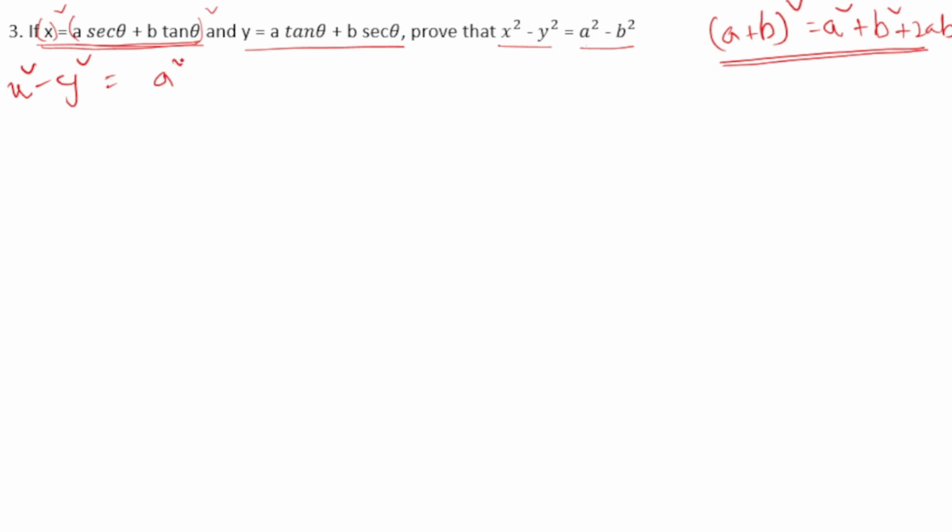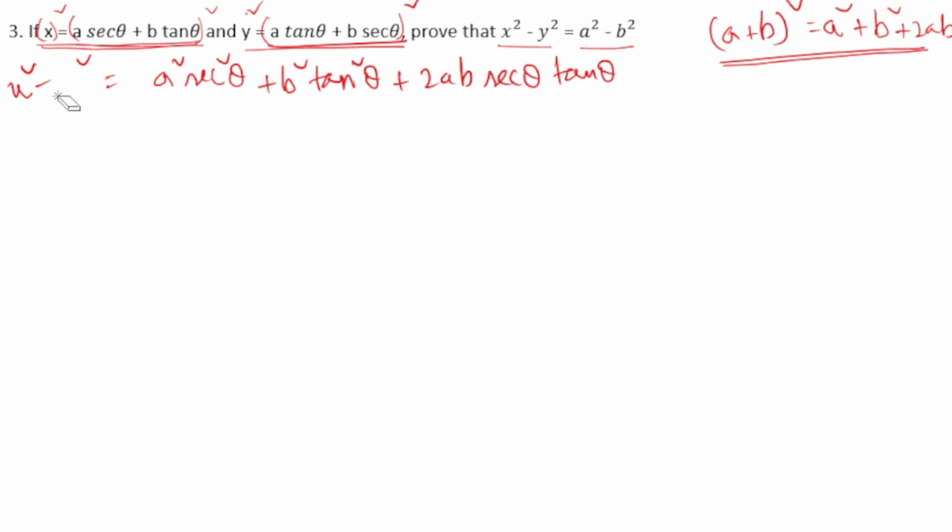It is a square secant square theta plus b square tan square theta plus 2ab secant theta tan theta. Okay, this is x square. Okay, and what is y square? It is (a tan theta plus b secant theta) whole square. Okay, this is y square.